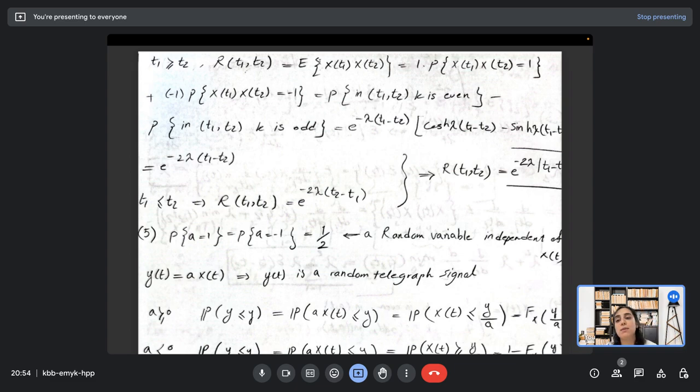But because we had an assumption that t1 is greater than t2, if we now consider that t2 is greater than t1, we will get to the same result with a minus in the power. And so our last result is this: e to the power of minus 2 lambda times the absolute value of t1 minus t2.